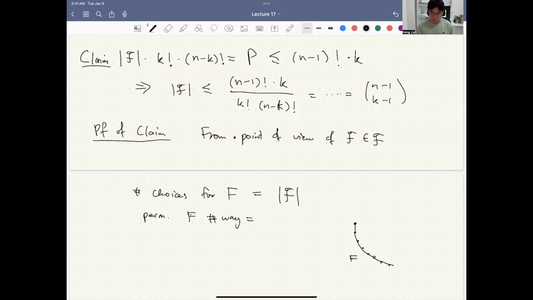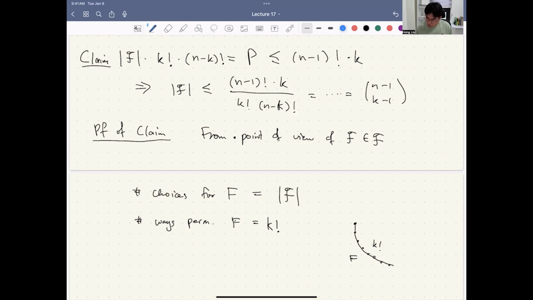is K factorial. F is of size K, you scramble it as whichever way you want.